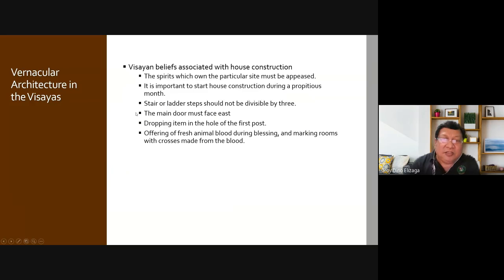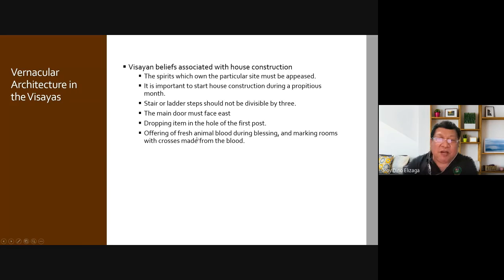No? So dropping items in the hole of the first post. Although we do that also, like a time capsule, okay, but maybe that's the modern excuse for doing something which is supposed to be an animist cultural practice.